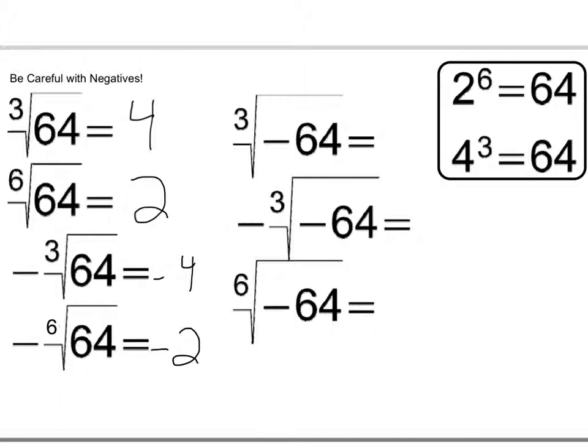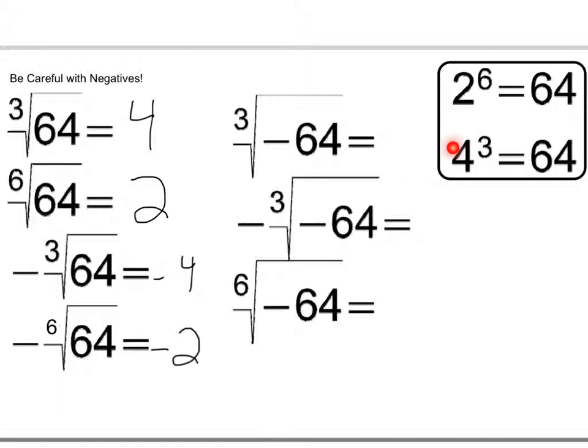Now, when I look at these examples on the right, I notice that my radicand itself, the number inside the radical, is negative, and that's very different from all of these where the radicand is positive. In this first problem, I'm trying to figure out the third root of negative 64. What number times itself 3 times equals negative 64?